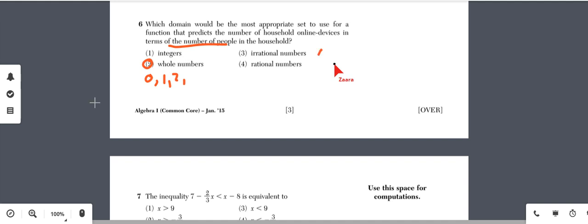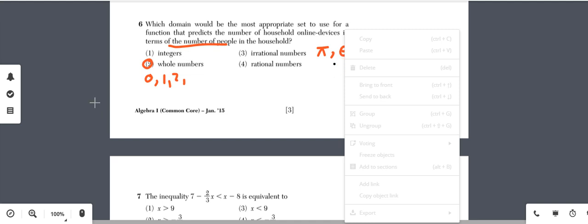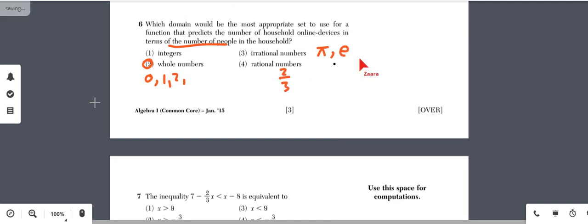For example, you can never see pi or e number of people in the house, right? And similarly rational numbers, in rationals we have fractions, so 2 by 3 is not in the house. And integers include negative numbers like negative 2, so we can't take integers. So the best answer is the whole numbers.